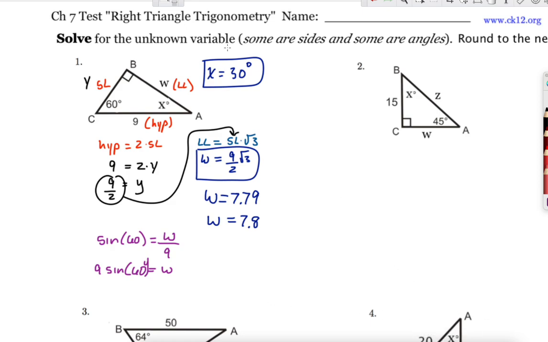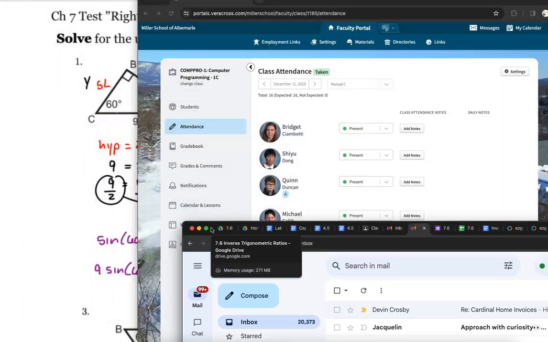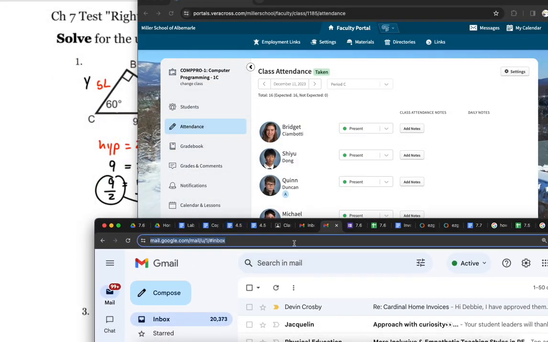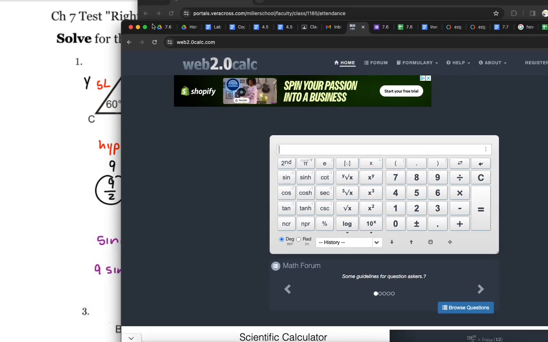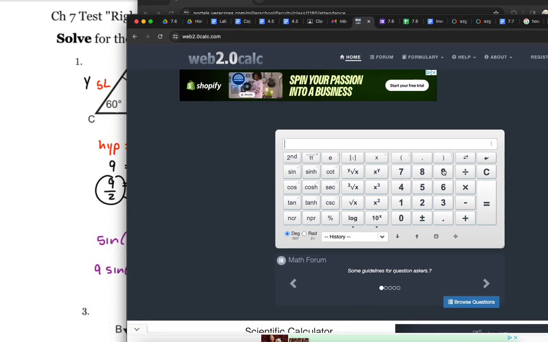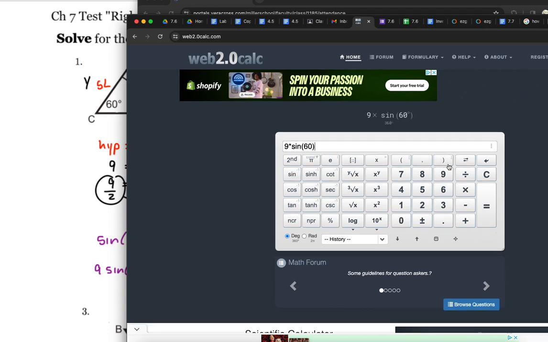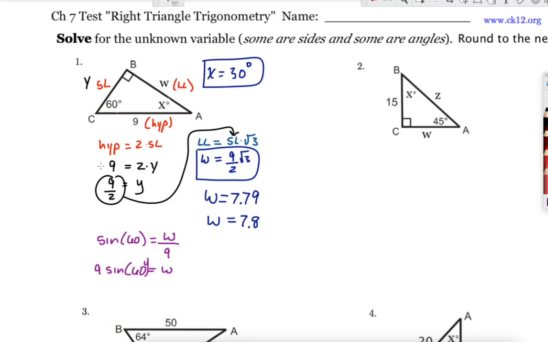And if you did that, let's see here. Where is my web 2.0 calculator? So 9 times the sine of 60 is 7.79. Same. So we get 7.8 that way as well.